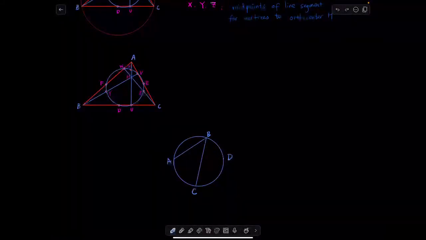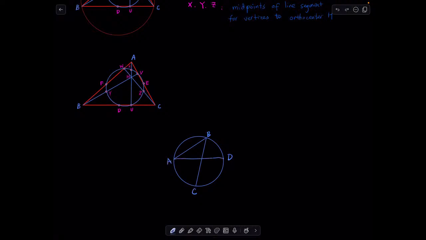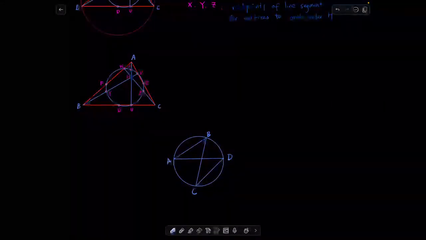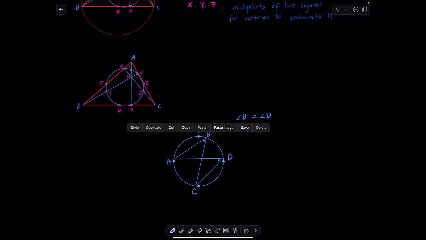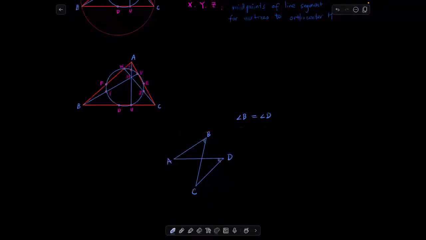Okay, one property is that the angles subtended by the same arc AC are equal to each other. So in other words, if angle B equals angle D, we know that ABCD are on the same circle. In other words, even if you don't have the circle here, if you see four points like this, they're going to be on the same circle. That's one.